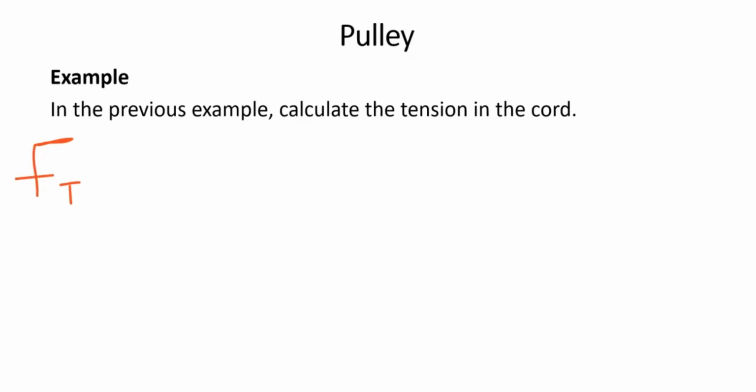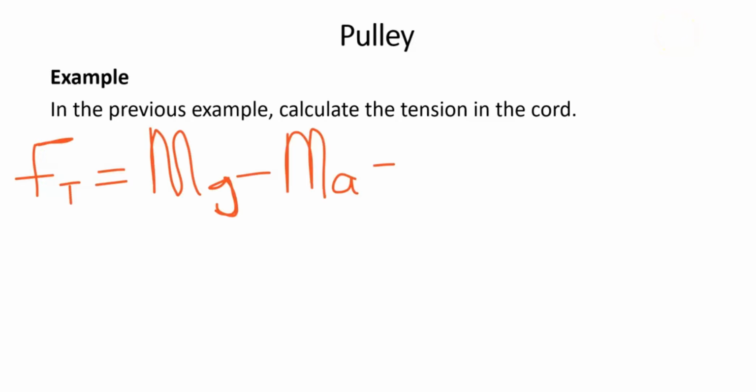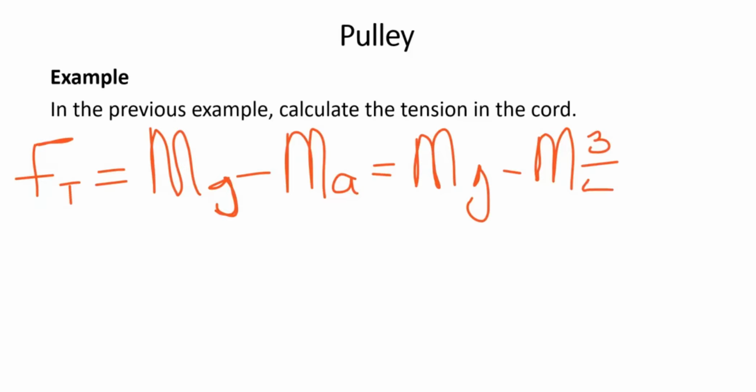Ft is equal to M times, we have the g minus the acceleration we got there, which was 3 over 4 g. That's the gravity acceleration we got there.